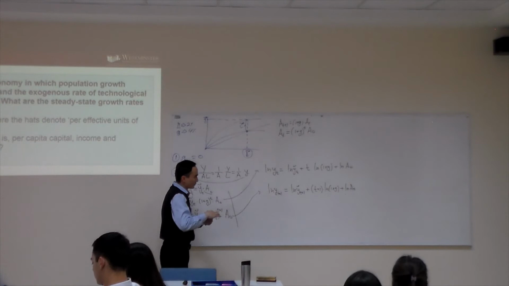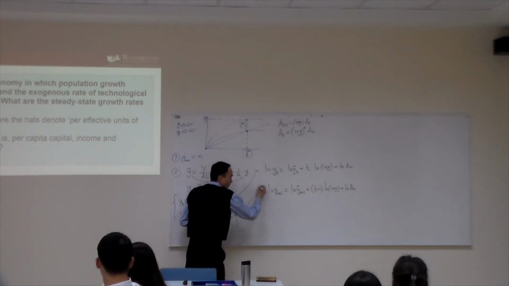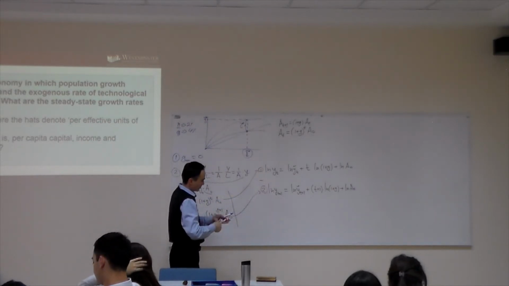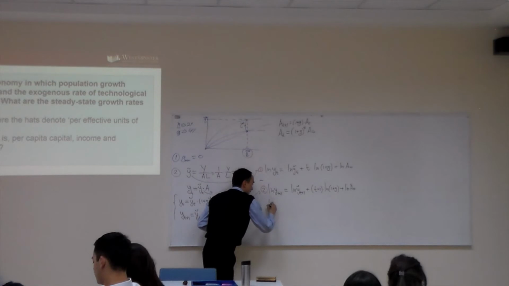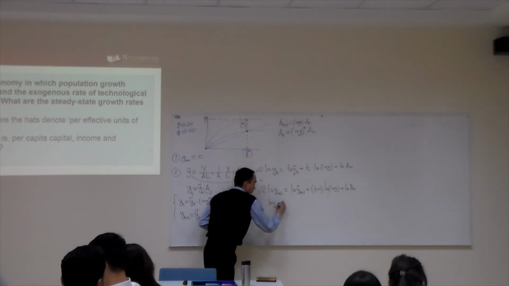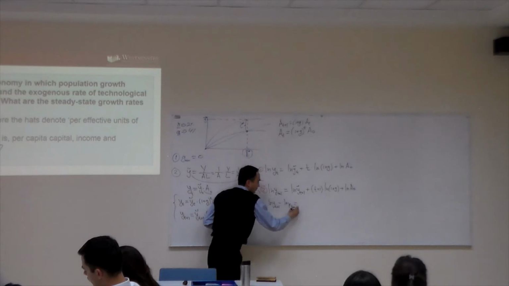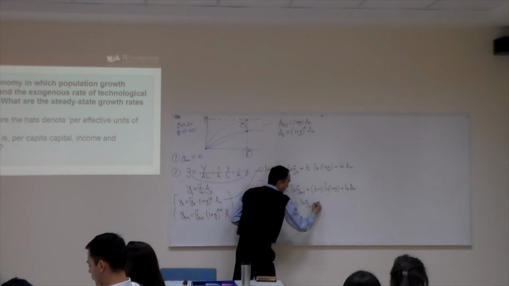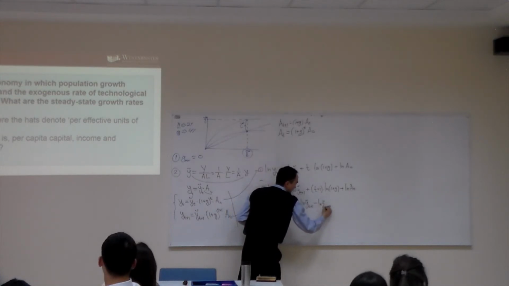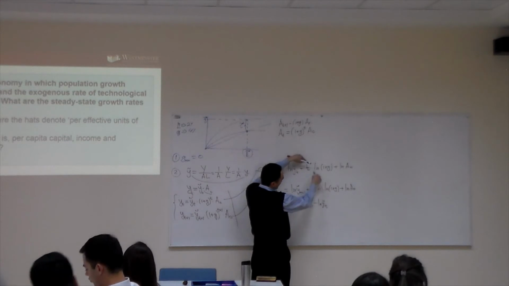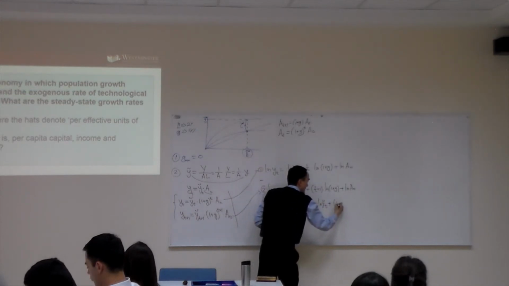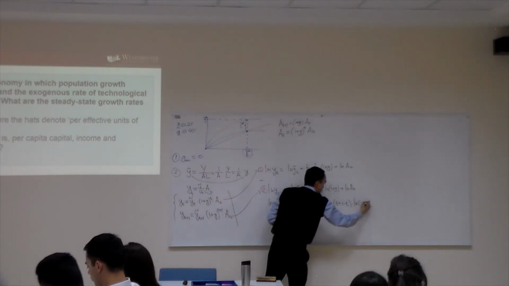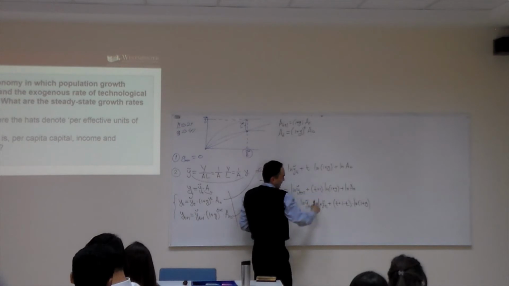So now, if we subtract the equation for t from the equation for t plus 1 expressed with ln, we will get ln y_(t+1) minus ln y_t equal ln y hat_(t+1) minus ln y hat_t, and I'm subtracting this, plus (t plus 1 minus t) times ln(1 plus g). Can I write it like this? Yes.